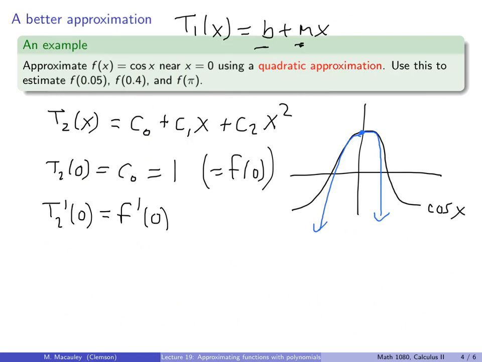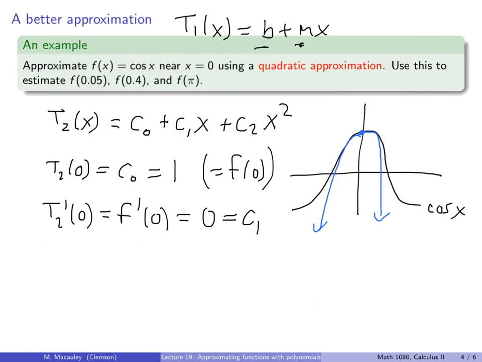And just by looking at the picture, that has to be 0, because we know that the derivative of cosine at 0 is going to be 0. And by the way, what is t2 prime of 0? Let's do this in our head. This is t2 of x. Let's take a derivative. The constant goes away, this 2 comes down, and the constant term is c1. When we plug in 0, the constant term is the only thing that remains. So this has to be c1.